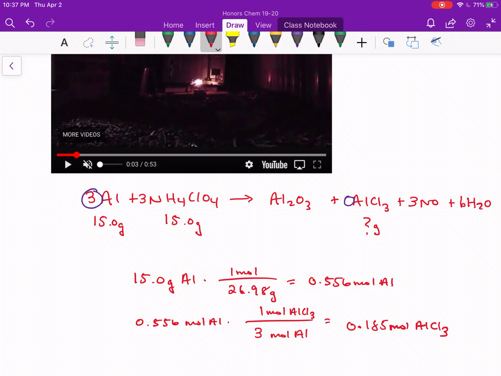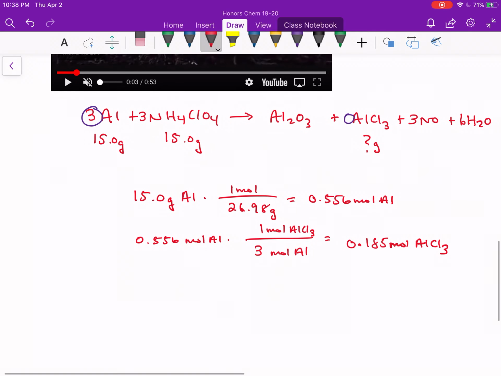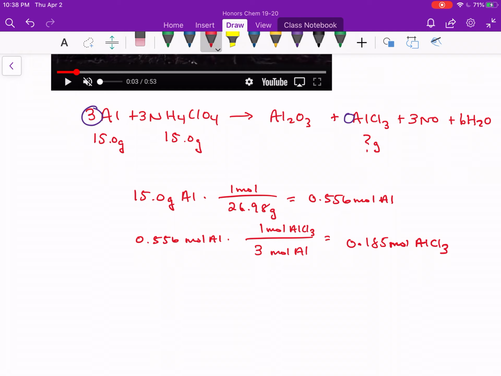Now, this is a good stopping point. This is what the book said to do, is they stop here for the moment. And so now we know that if we react all 15 grams, if that all goes away, the maximum amount of aluminum chloride we can make is 0.185 moles. Okay, so let's see how that compares to the ammonium perchlorate if it all would go away. So we'd have 15.0 grams of my NH4ClO4.